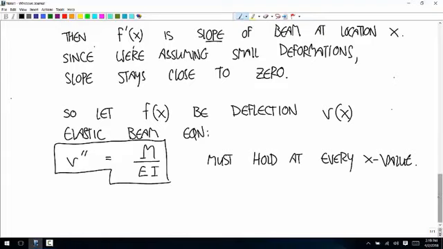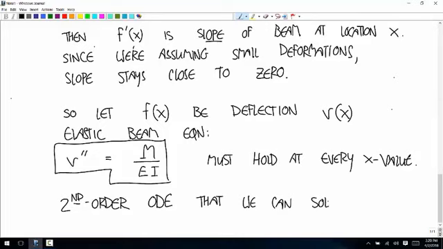Okay, so that's a second order ordinary differential equation that we can solve by separation of variables. Let me write that out.